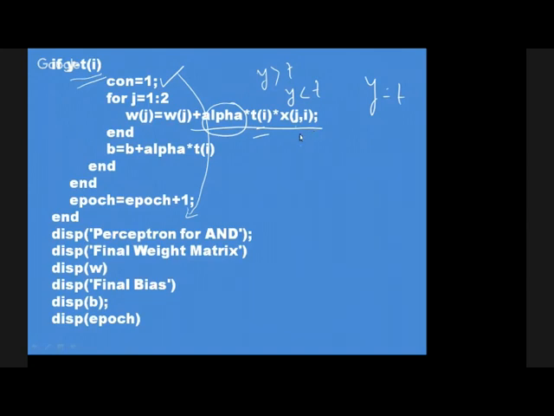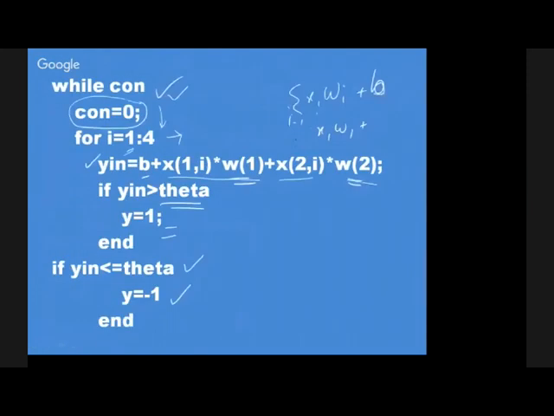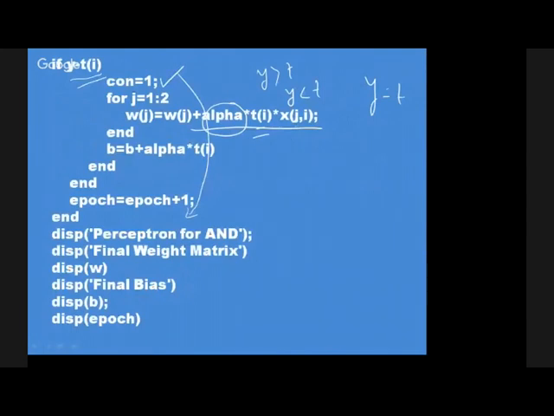This should be ti minus y, I'm sorry, there should be ti minus y, then into xji, right? There will be modifications here. That will not be directly the target, it will be ti minus y, right? After that you just write into x.